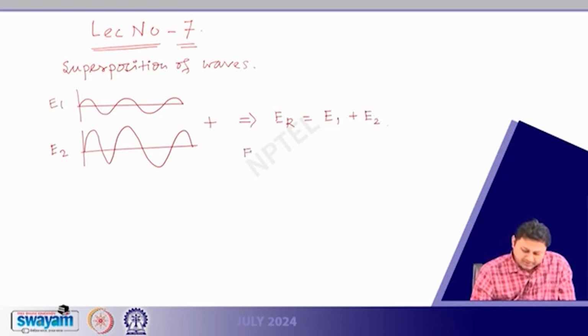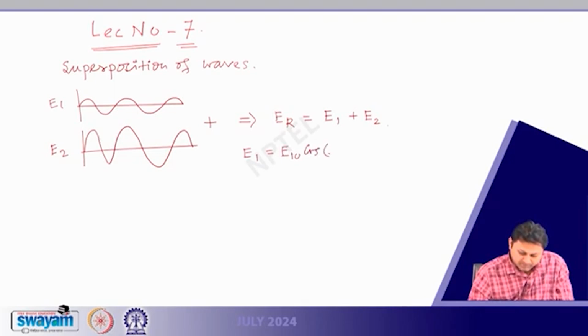You may remember that the wave E1 was defined as a harmonic wave with amplitude E1 0 and then cos of phase alpha 1 minus the frequency term, and E2 was E2 0 and then cos of alpha 2 minus omega t.